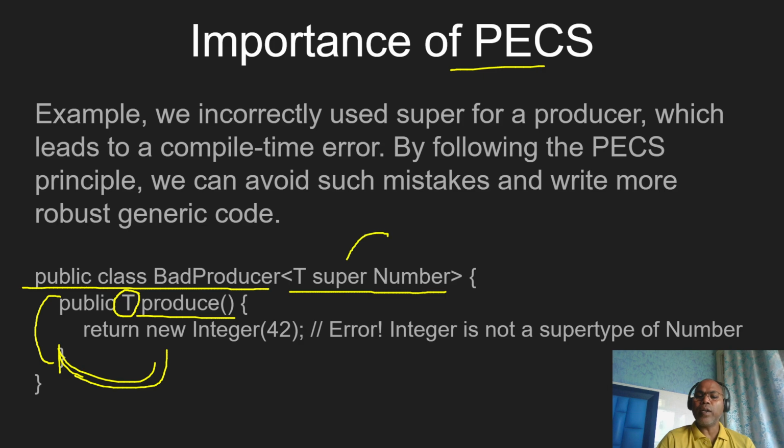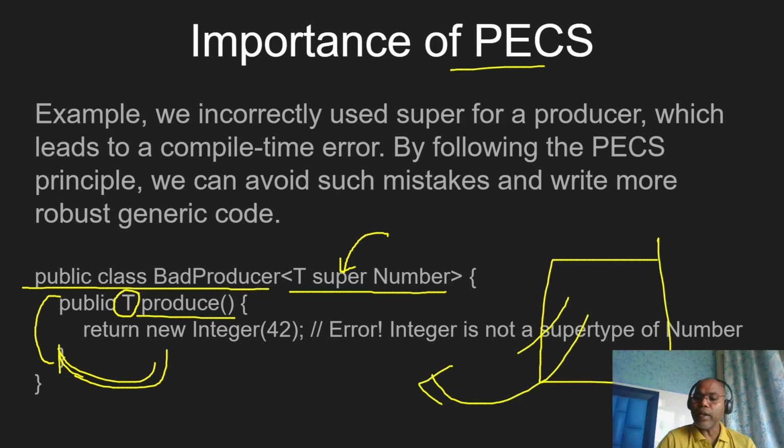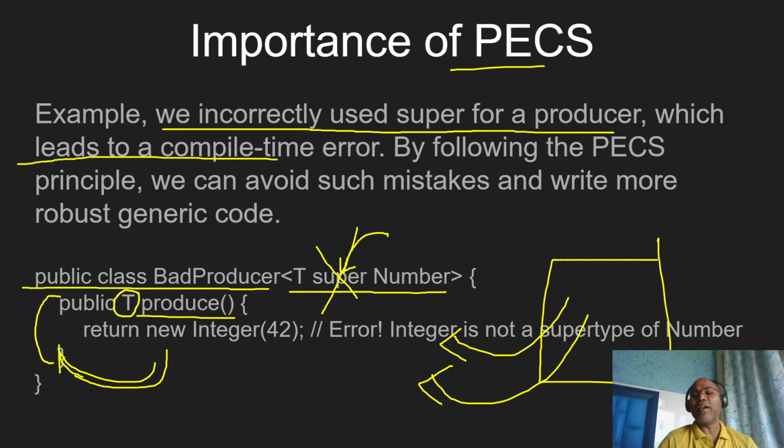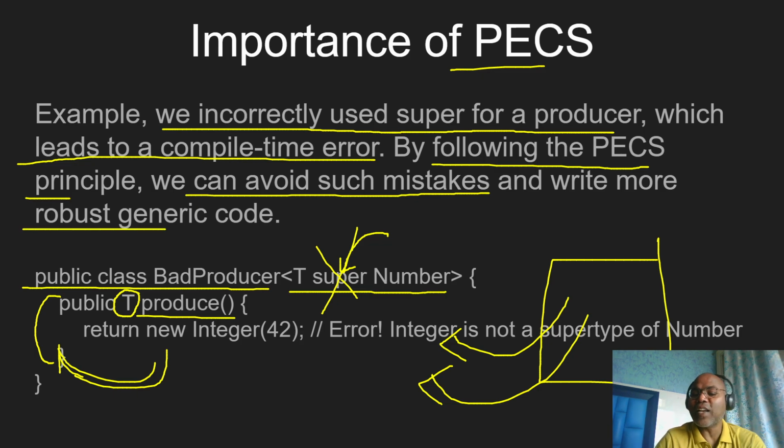But here we somehow wrote super, because these methods are producing value, returning value. So the type should not be super because it should be producing, meaning extend. This should be extend. So here we incorrectly used super for the producer, which leads to a compile time error. By following the PECS principle, we can avoid such mistakes and write more robust and understandable code.